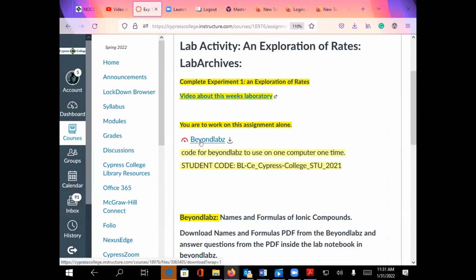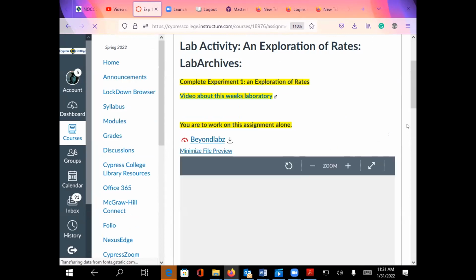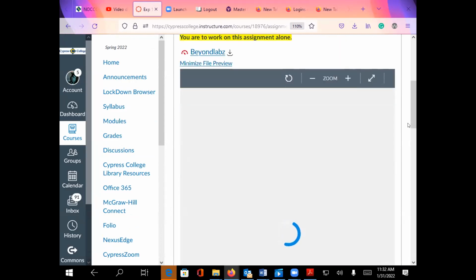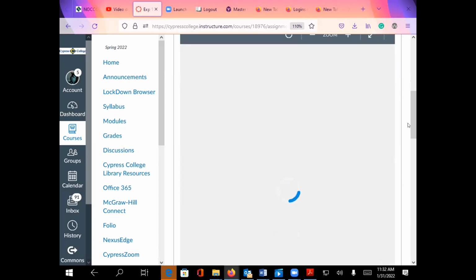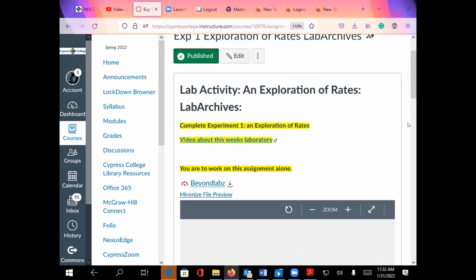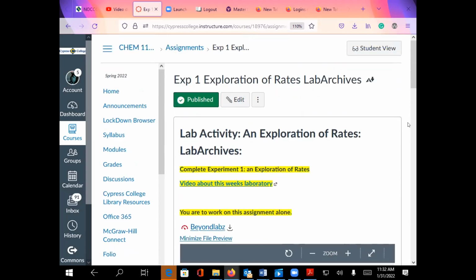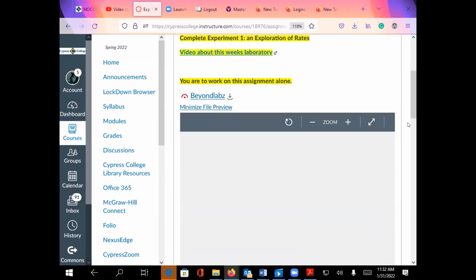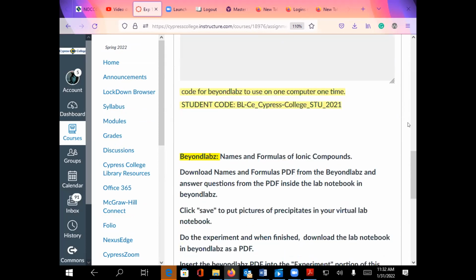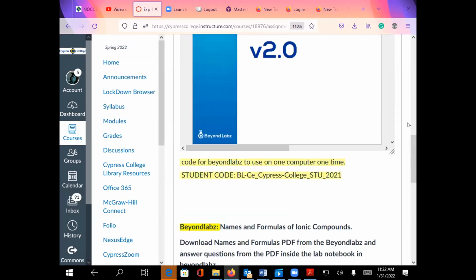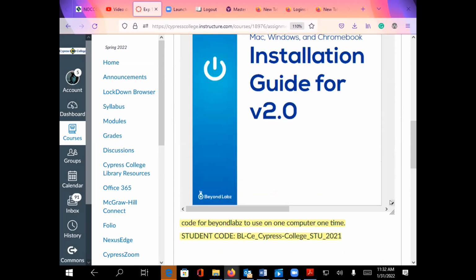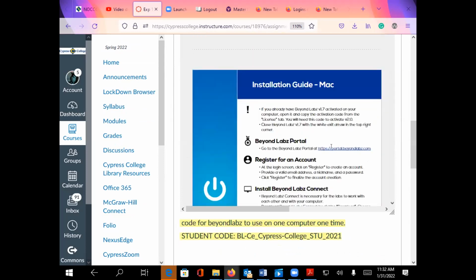So you have to open this up. This gives you the instructions to get the Beyond Labs. Your code was, oh, I guess I put your code in the other place. Where did I put your code? Oh, code's right there. So you open this up.